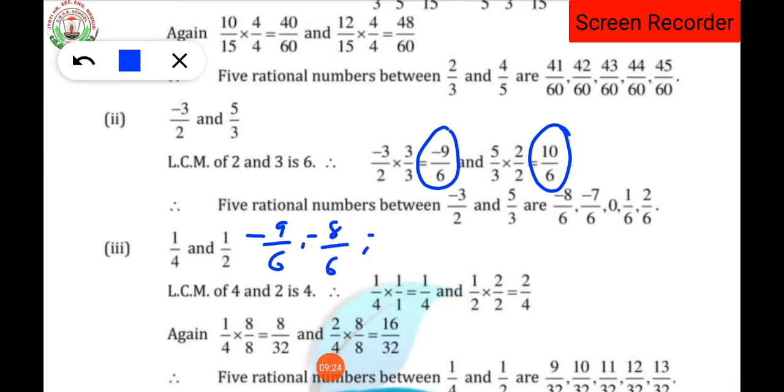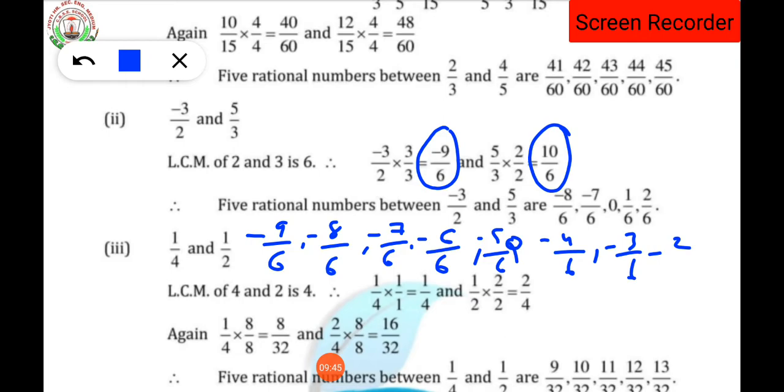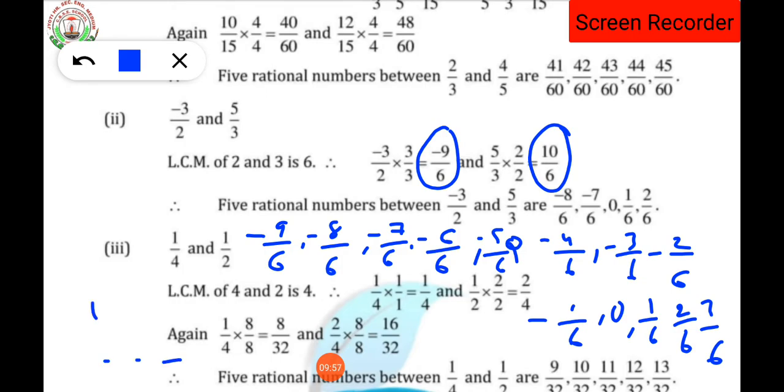Then minus 7 by 6, minus 6 by 6, then minus 5 by 6, then minus 4 by 6, minus 3 by 6, minus 2 by 6, minus 1 by 6, 0, then 1 by 6, 2 by 6, 3 by 6, and so on up to 10 by 6.